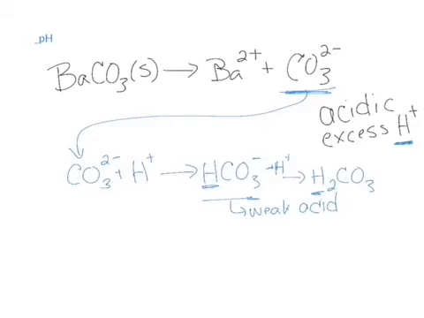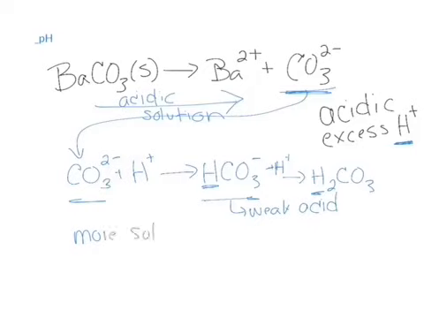So the whole equilibrium will shift towards the products if this is in an acidic solution, giving the carbonate ion something to interact with. So it shifts towards the products in an acidic solution, making this particular compound more soluble in acid or an acidic solution.